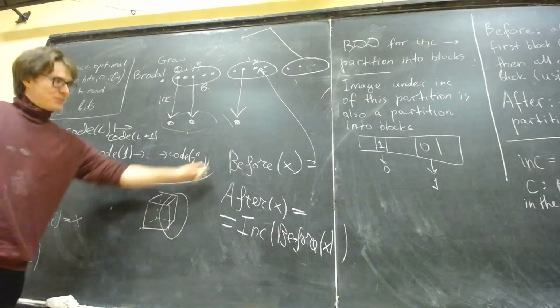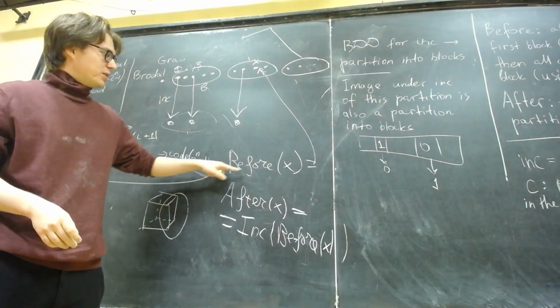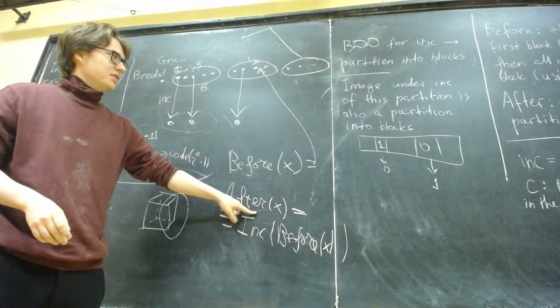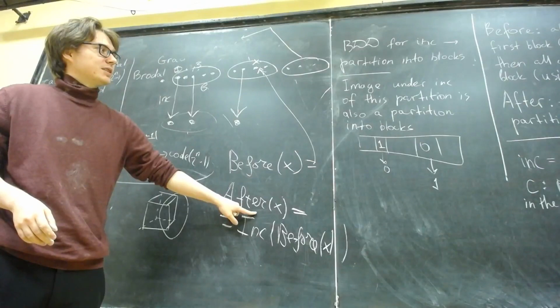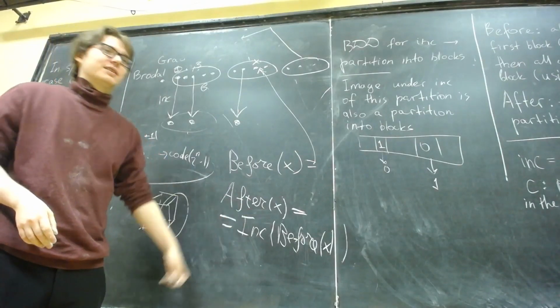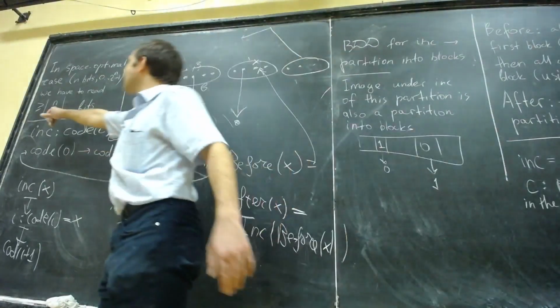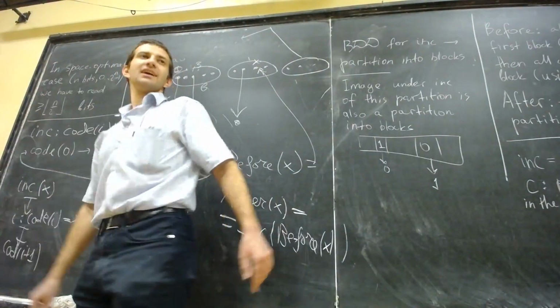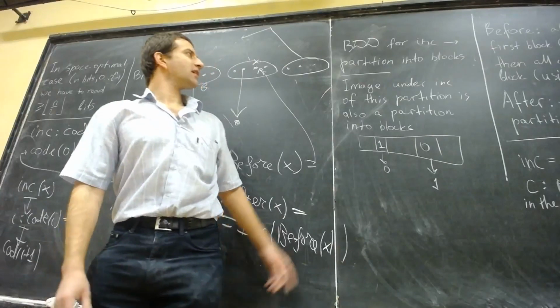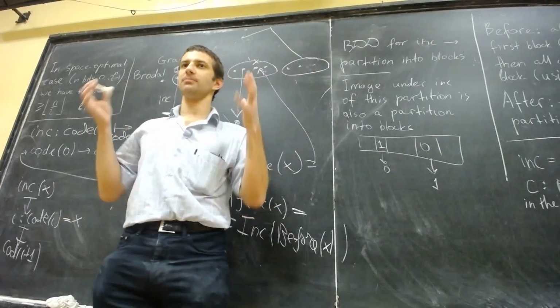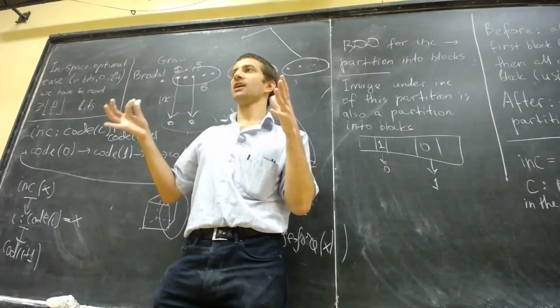So I probably think that we now should show that before and after are even. What my plan is to say that, okay, now, if this condition is violated, then these blocks in the partition have to be very large blocks.